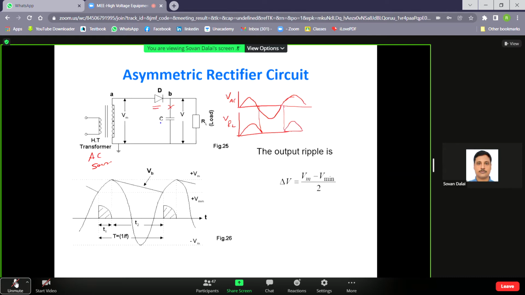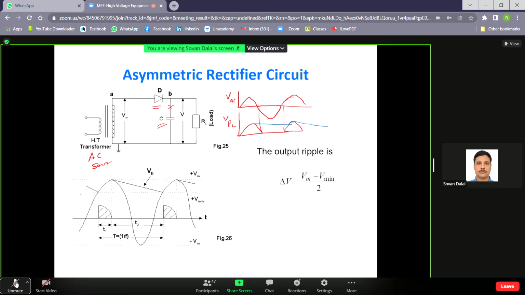Without this filter circuit or without this capacitor, the voltage across the load will look like this. But in the presence of the capacitor, the voltage waveform across the load will be like that.